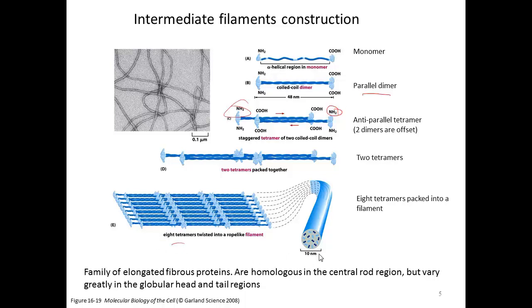Structural features that add to the strength is the offsetting of the units, such that there can be a great amount of overlap between one of the tetramers and a next set that would start here. As we'll see later, there are a wide variety of proteins that can form these intermediate filaments. They tend to all have homology in the central region, but it's these end pieces that vary between the different types of intermediate filaments that can form.